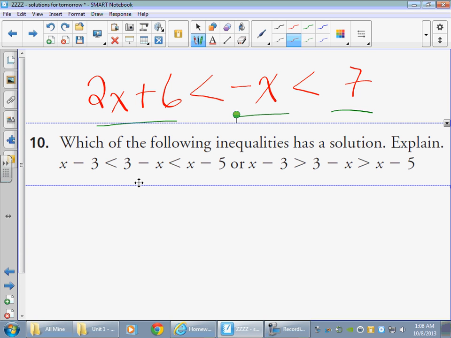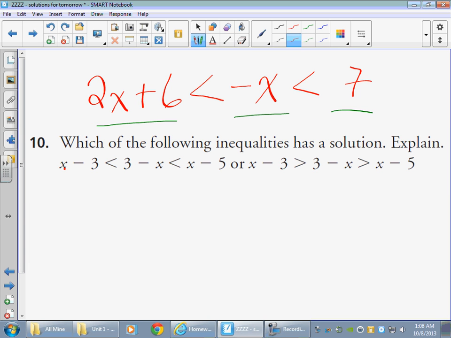It wasn't sort of solve it. It was which one of these makes sense, which one has a solution. And if we look at them, I'll go through them fairly quickly. I have an x, a minus x, and an x. And so if I'm simplifying this, my first instinct is to subtract the x. And I end up with this in the first set. X is subtracted out, minus 2x here.